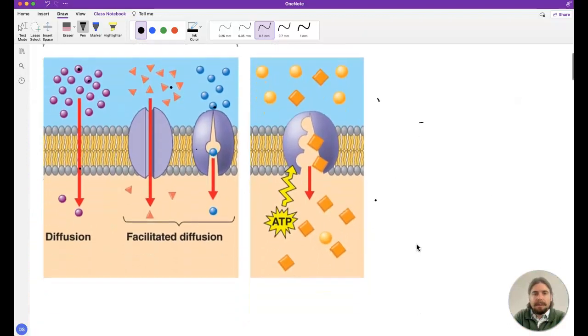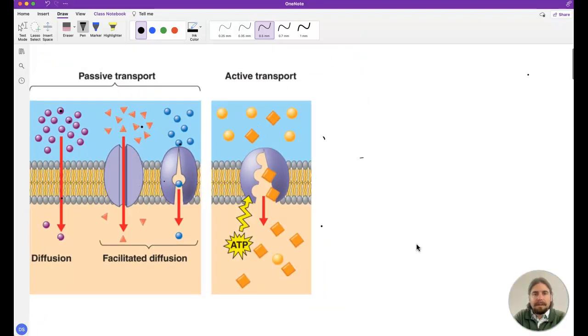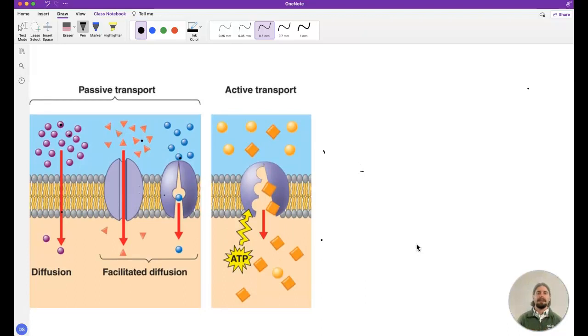What we're going to do real quick is remind ourselves of the difference between passive and active transport, and go through a couple quick examples of some differences we can expect to see. So we have passive transport and we have active transport.